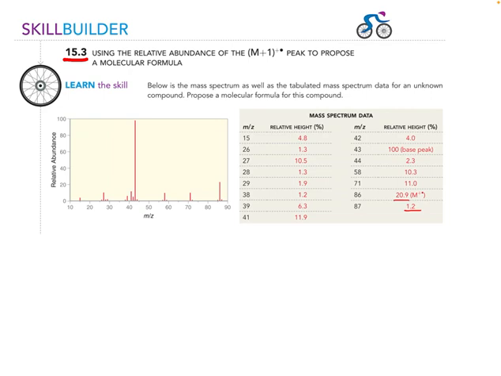On the left we have the mass spectrum with relative abundance versus m/z. And we also have a table with the mass spectrum data, giving us the m/z values found on the mass spectrum, as well as the relative height of each peak, so their relative abundance.